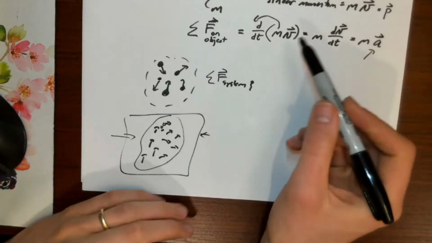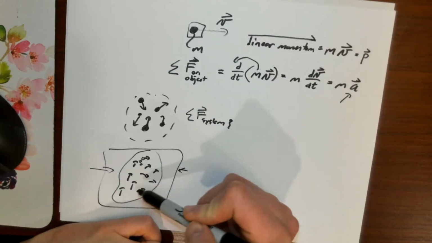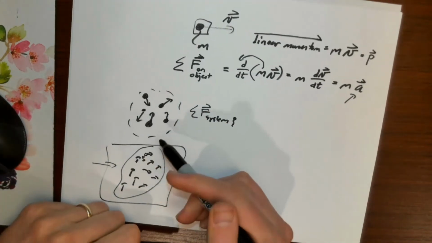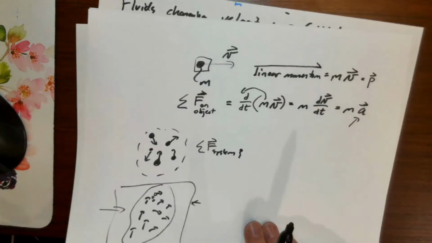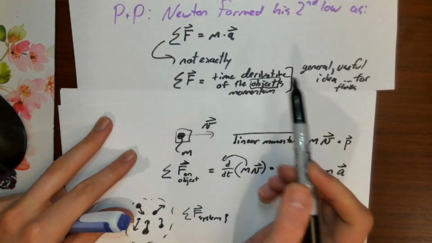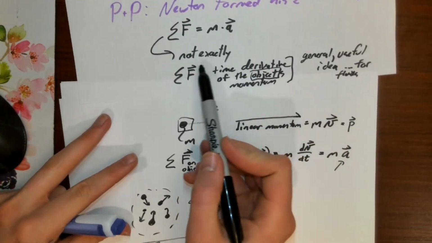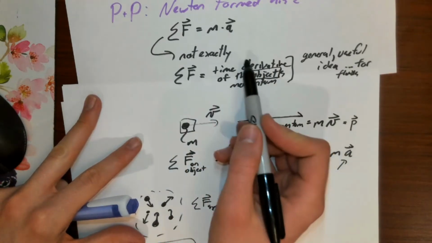So rather than dealing too much with forces on objects, and this whole bunch of objects isn't even super well defined, let's take a step back to that more general idea of the sum of forces being a time derivative of momentum, or in a sense forces playing a role in the conservation of momentum of a system.